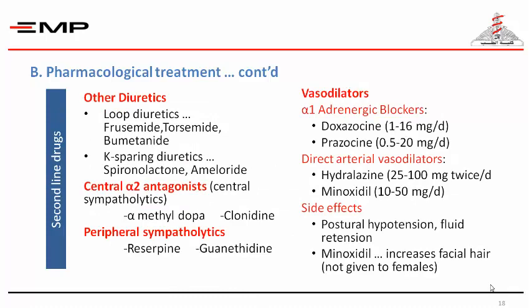Second-line drugs are formed from other diuretics, central alpha-2 antagonists, peripheral sympatholytics, and vasodilators.